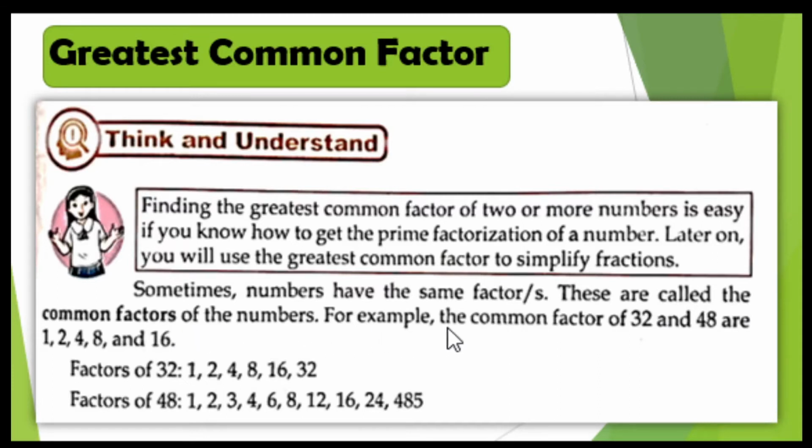For example, the common factors of 32 and 48 are 1, 2, 4, 8, and 16. Again, the common factors of 32 and 48 are 1, they are common, 2, they are also common, 4, 8, and 16.